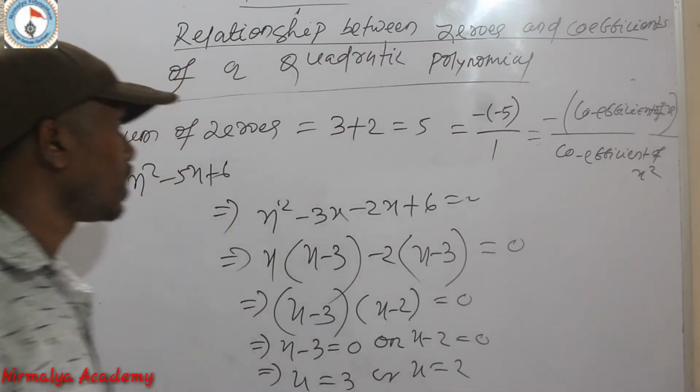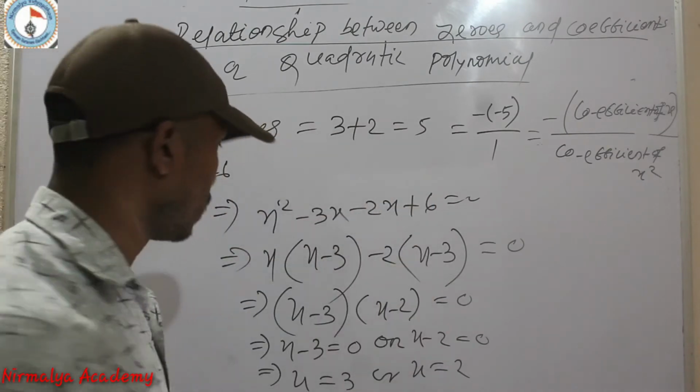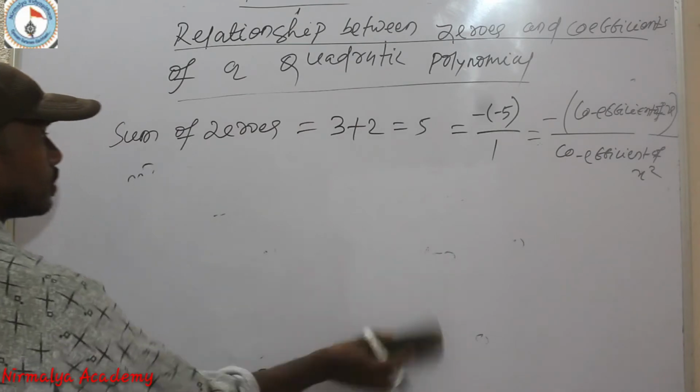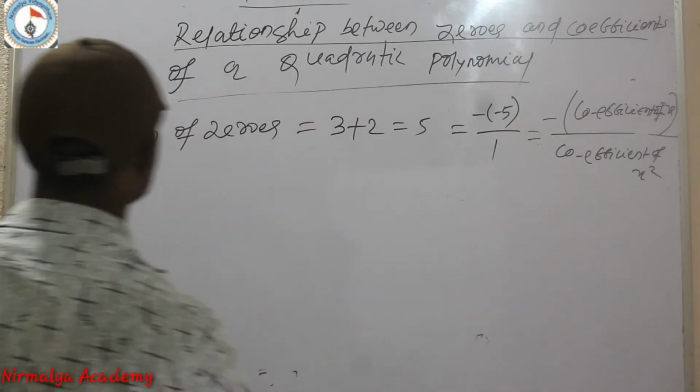This is the relationship between zeros and coefficients. This is the first relation. Second, product of zeros.